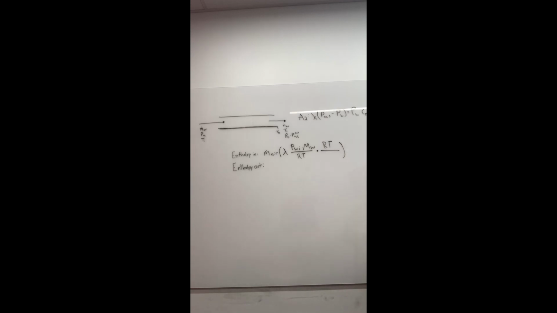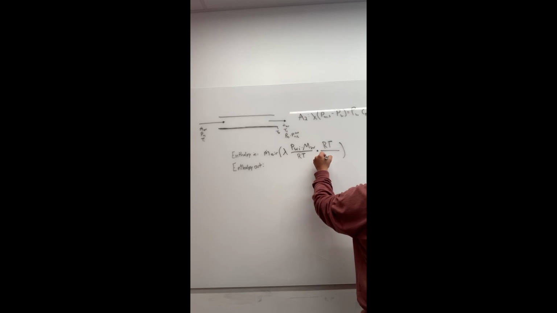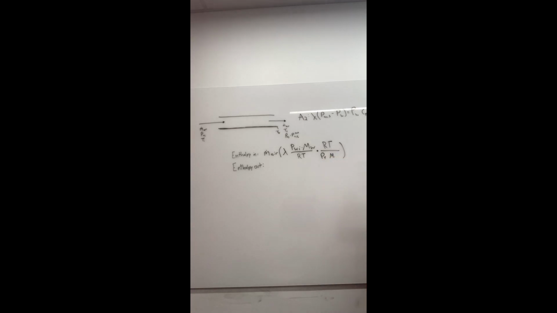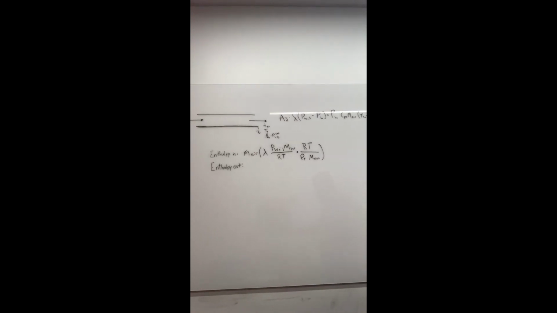Then we're going to multiply that by RT, and that's going to cancel out our units. And then we're going to have PT times the molecular weight. This will be the molecular weight average. I guess I can write it as ABE. Hope you can see that. Okay, so molecular weight average.